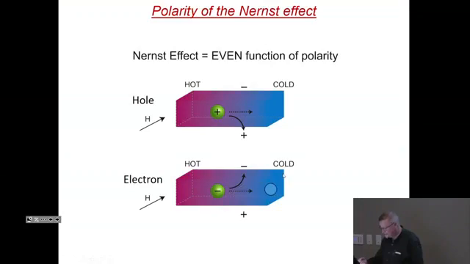It drifts the same direction. The magnetic field applied to it gives a Lorentz force that deviates it toward the top. Notice now that the bottom is more positive than the top here, and here the top is more negative than the bottom, but that means the same thing. So the Nernst effect, just like resistivity, is an even function of polarity.